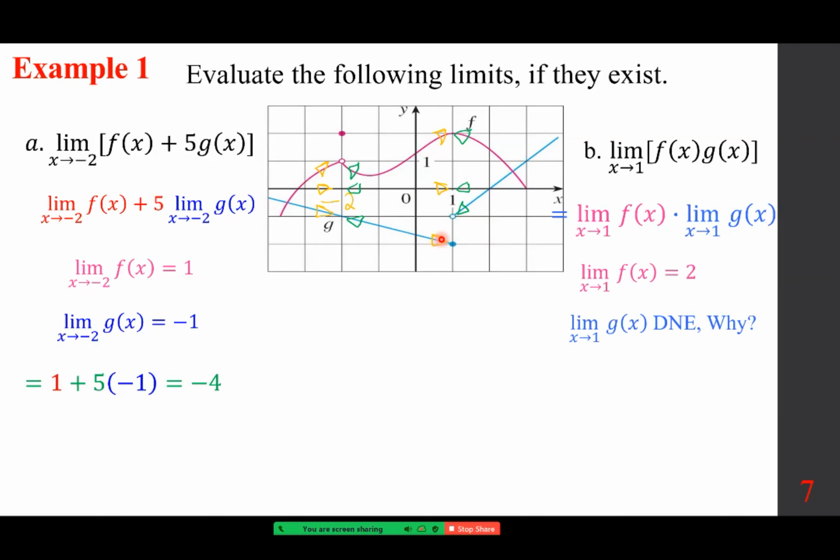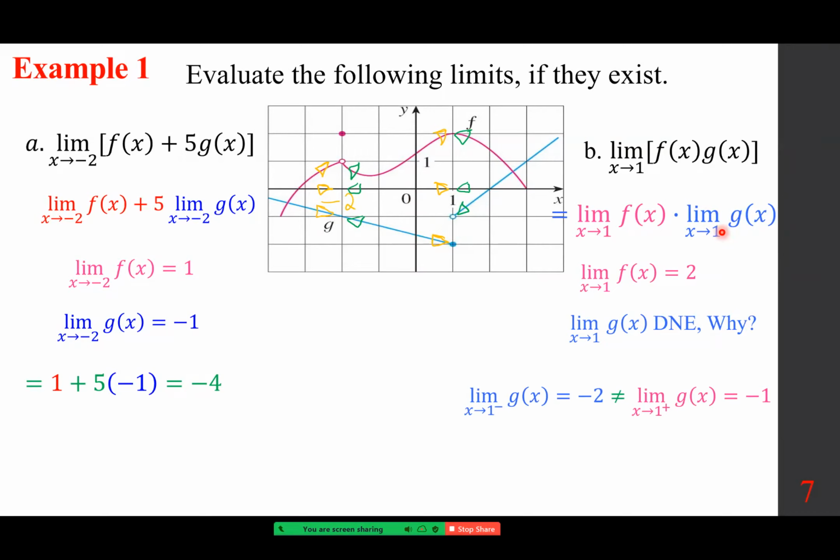And this point, the y coordinate is -2. From the right side of 1, here's the graph, we are moving towards this hole, and this hole has a y coordinate which is -1. They are not the same. Therefore, this limit doesn't exist.